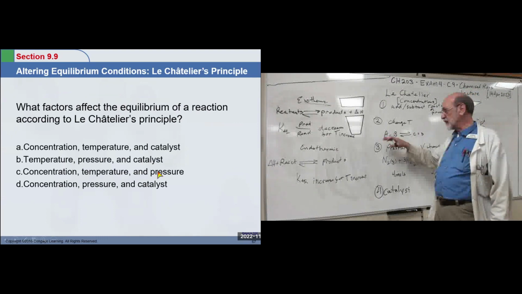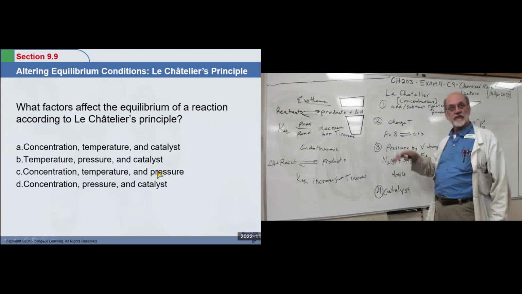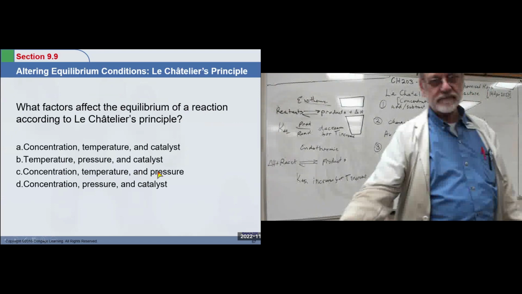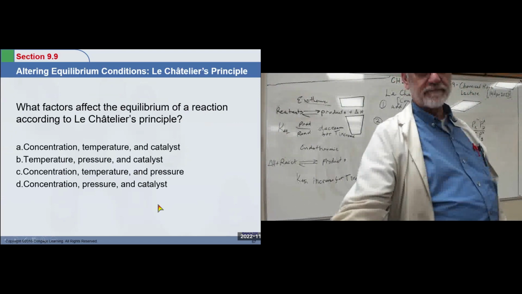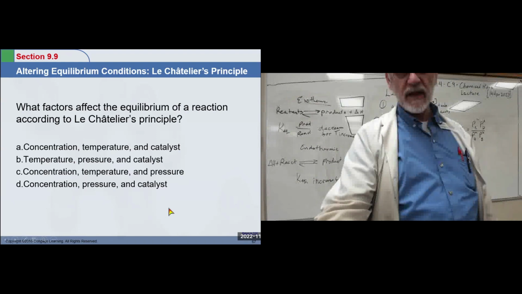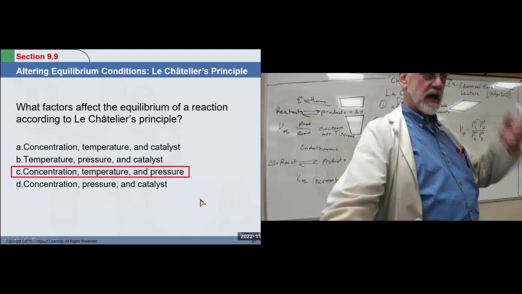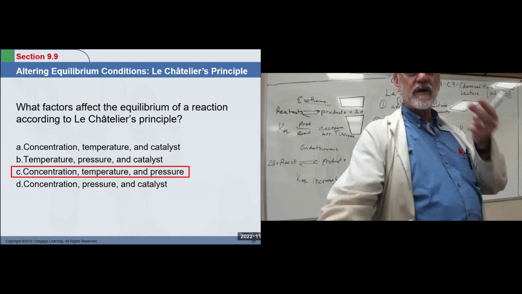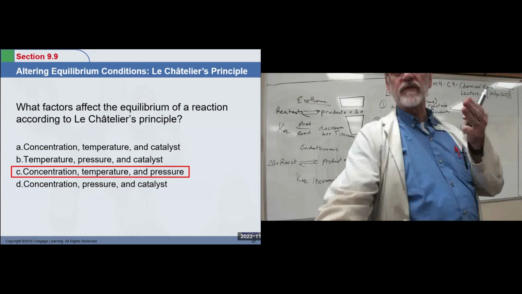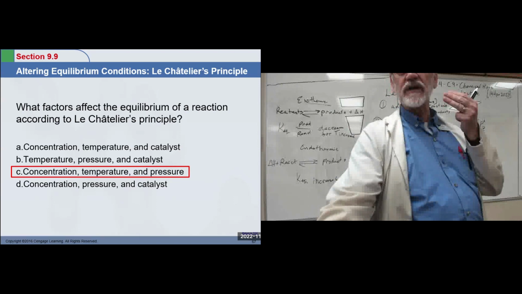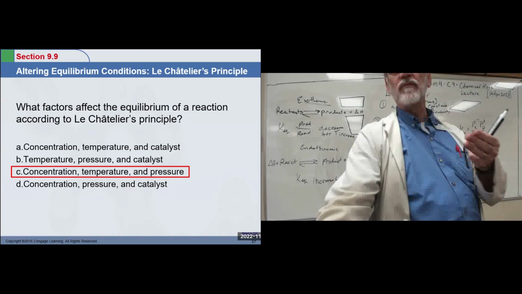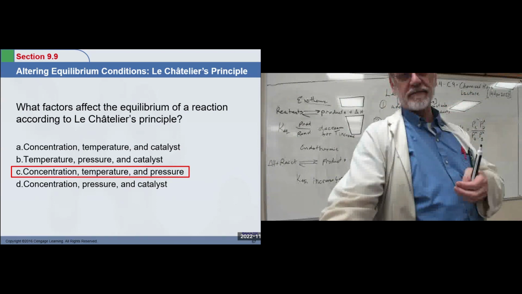Right? So it may speed up the forward reaction, but it also speeds up the reverse reaction. Okay. So what factors affect equilibrium reaction for Le Chatelier? Concentration, temperature, and pressure if gases are involved, and there's an uneven number of moles for reactants and products.